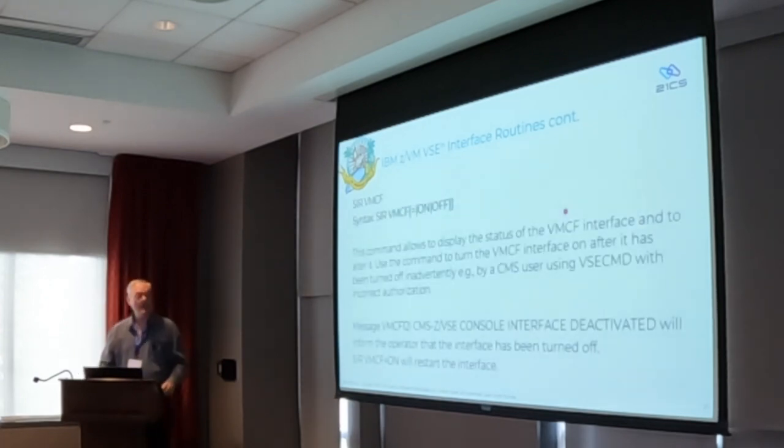This is how you can check with the SIR command. Are you all familiar with the SIR command? It's a recently documented command. It was first documented in our hints and tips, and is now actually an official part of the system functions commands. It will let you check the status of the VMCF, and you can turn it on and off using the SIR command.